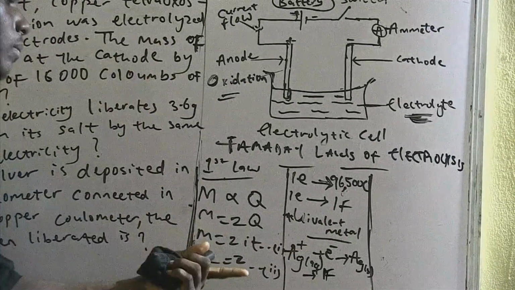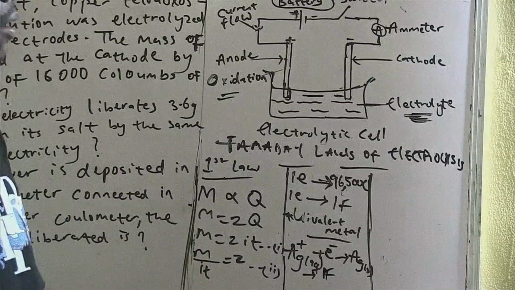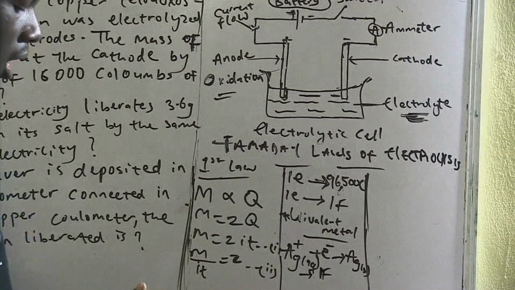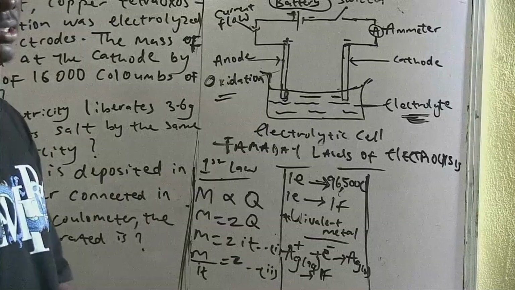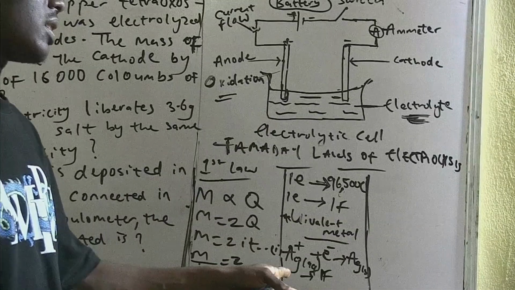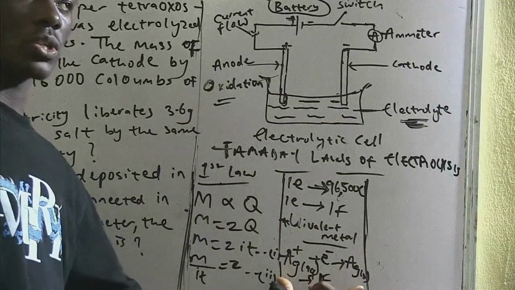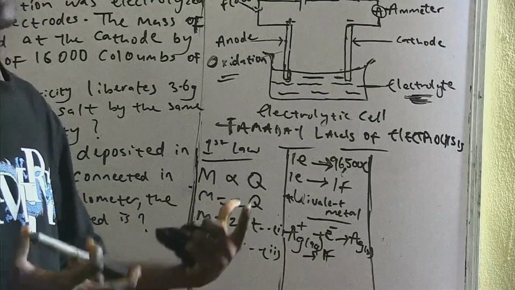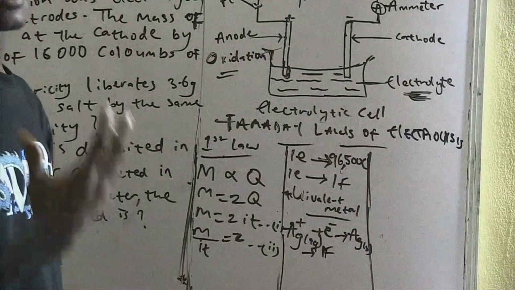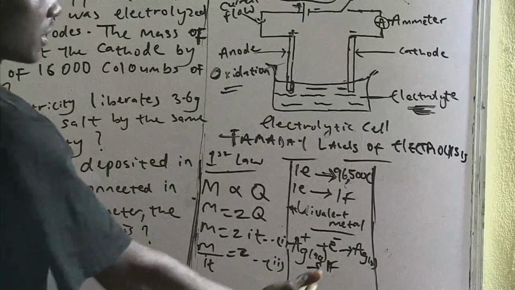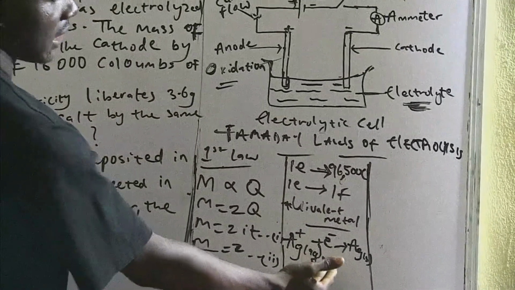So if I ask you what is the quantity of electricity required to deposit 1 mole of silver as shown in this equation, what I expect you to tell me is 96,500, because you just need 1 Faraday. That's 1 times 96,500.